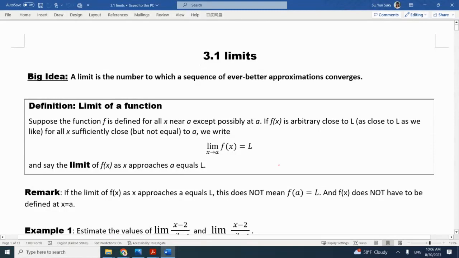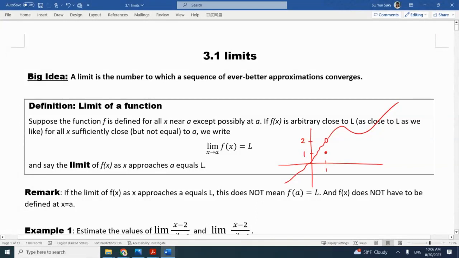Let's draw some picture. Let's say this is 1, let's say this is 2, and our function looks like this. This is the graph. Do you see an open circle here? It means this point is missing. Do you see a solid circle here?